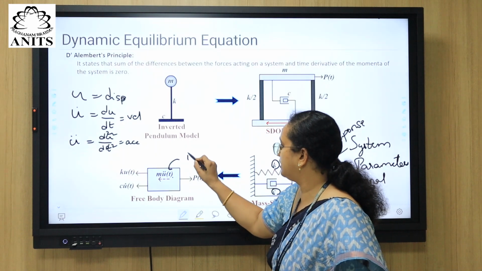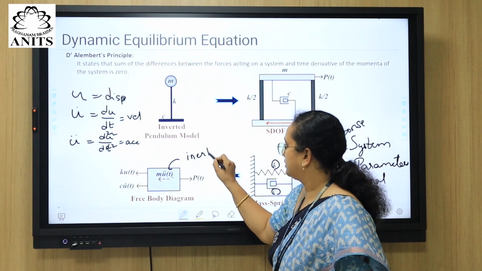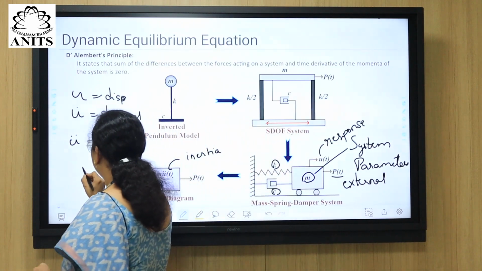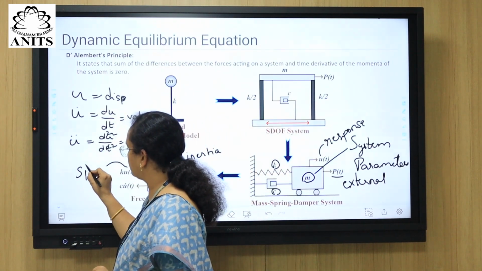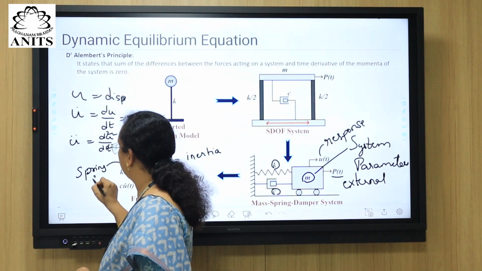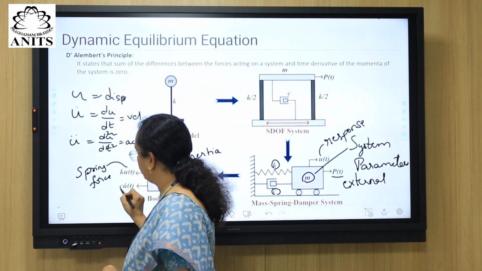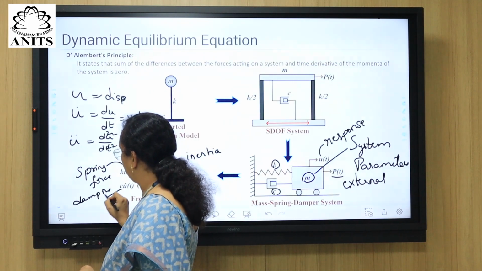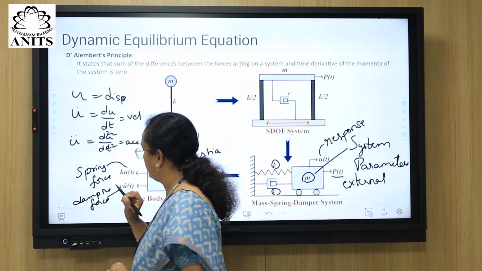So now mass into acceleration, which is M into U double dot, is the inertia force. This is called inertia force. And this is called spring force or stiffness force. And this is called damping force. Right?